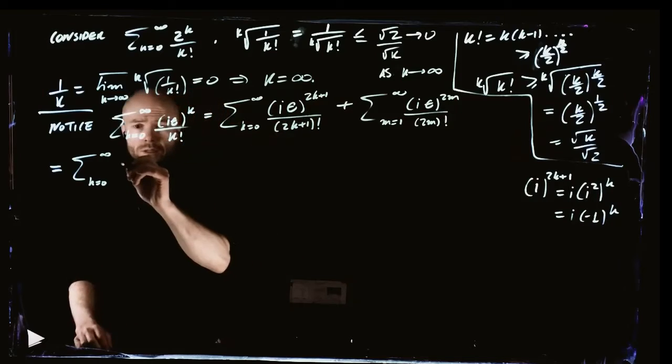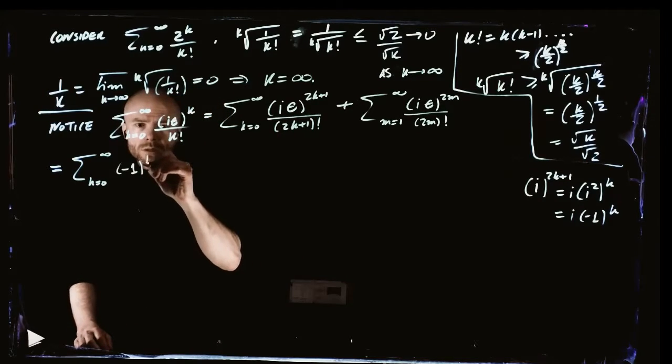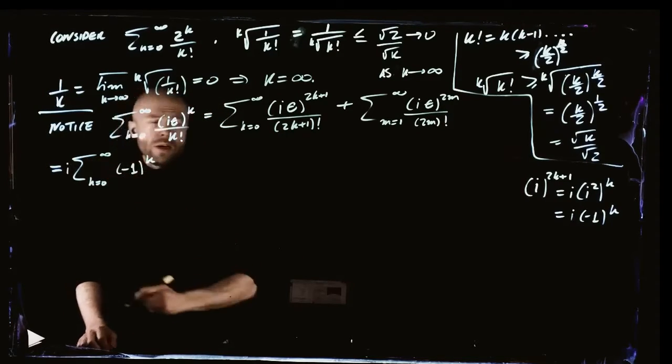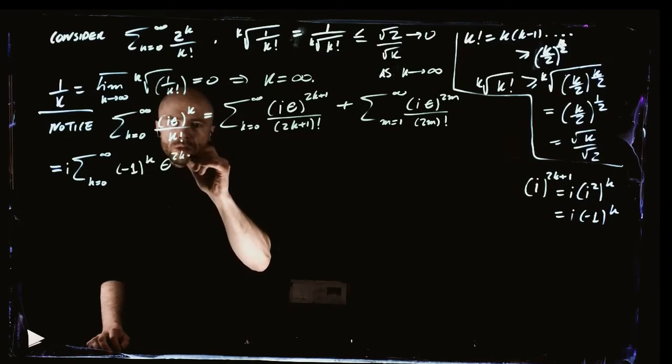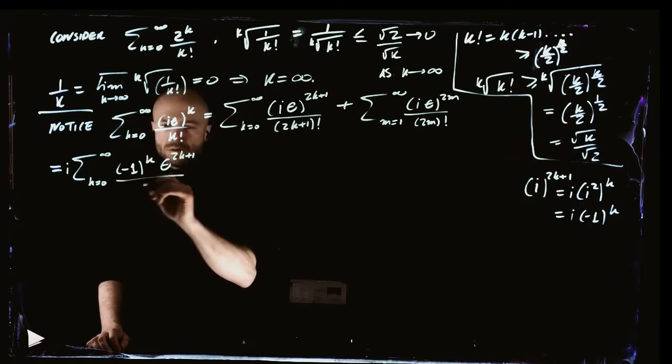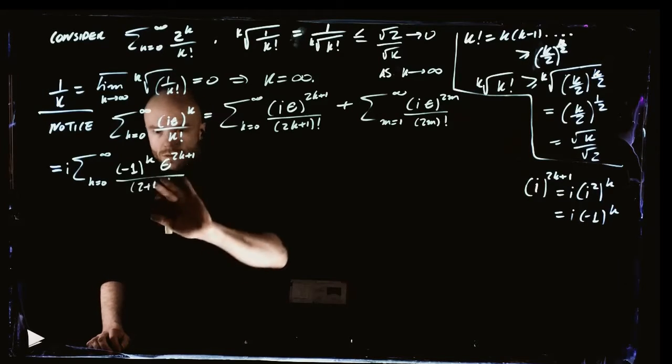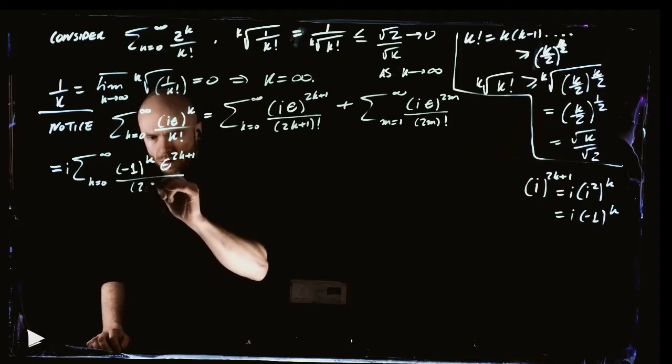So what we have here is going to be (-1)^k, put out the i all the way here, and then we're going to have just theta^(2k+1) over (2k+1) factorial.